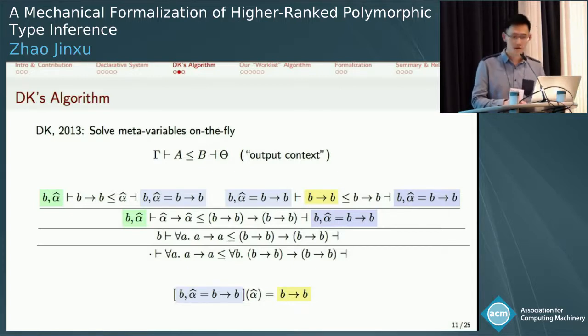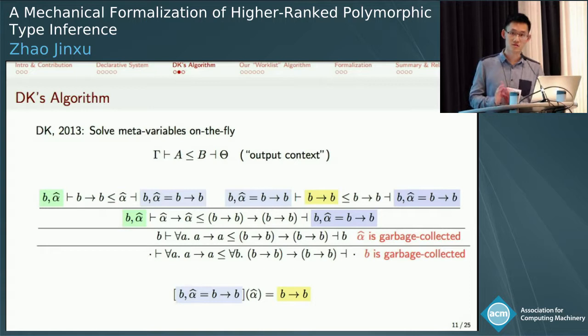Okay. And at this step, we don't just return the context, because if we return the context, there will be both b and alpha. But if you look at the input context, there is no alpha. Alpha is introduced because of the for all quantifier. So alpha should be garbage collected. Similar things happen here. B is garbage collected.